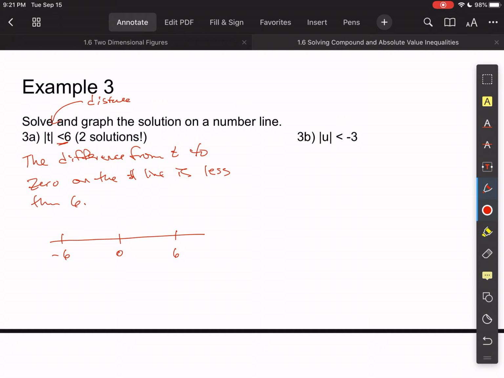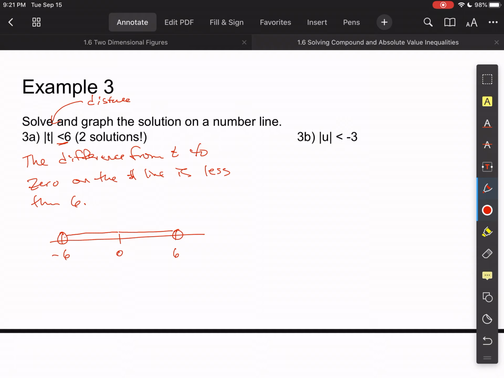All of these values up to 6, a distance of 6 in either direction. This direction 6, this direction 6. Everything works as long as we are less than 6, like the distance from 0 is less than 6.